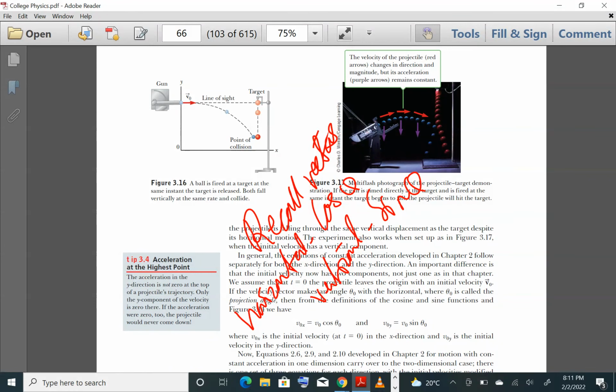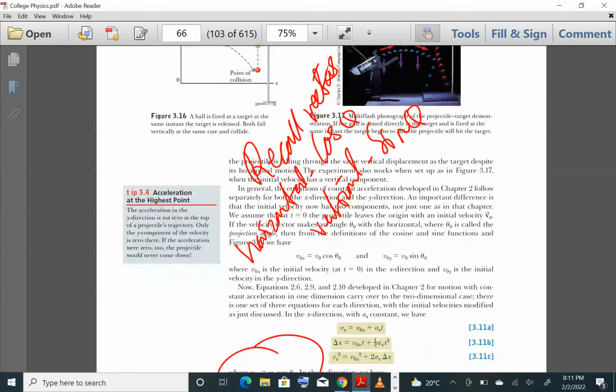Now again, remember when we were discussing vectors and trying to figure out the equations, for horizontal it was cos theta, isn't it? And then for vertical, sine theta. So that's basically the same concept.